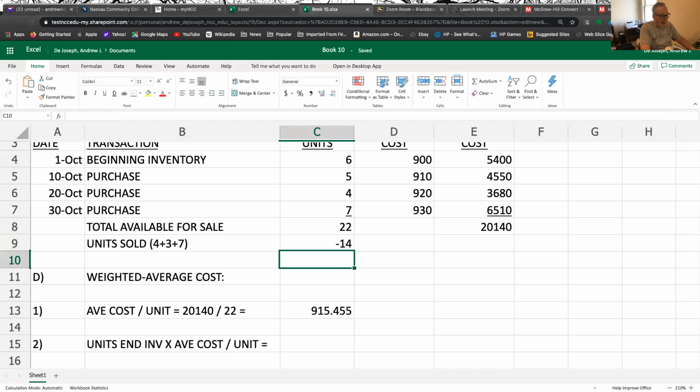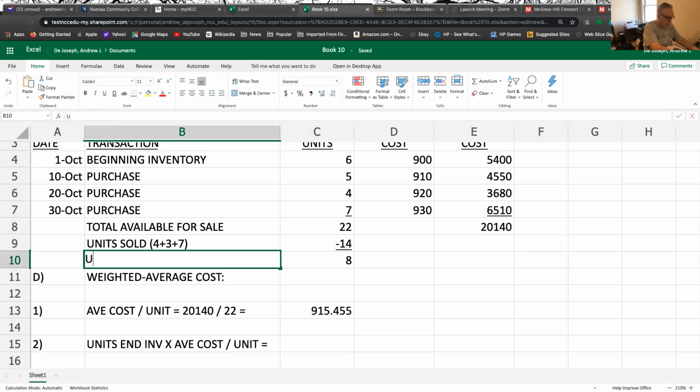So if I had 22 and I sold 14, how many do I have left? I have 8. Right? This is units ending inventory, this 8.